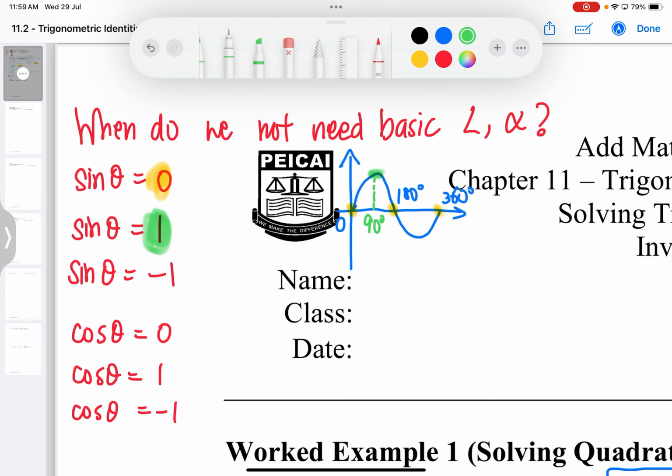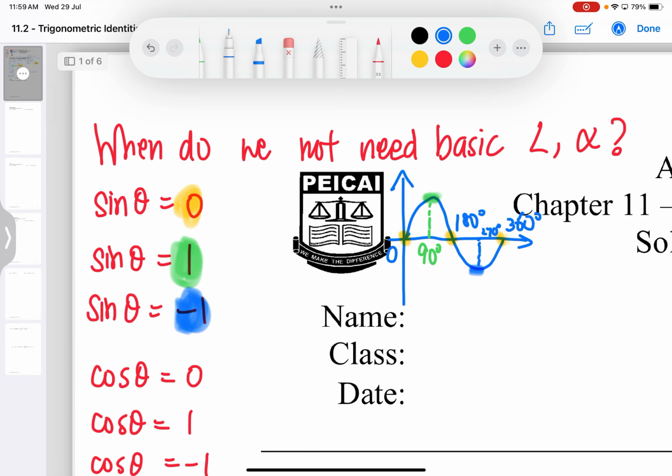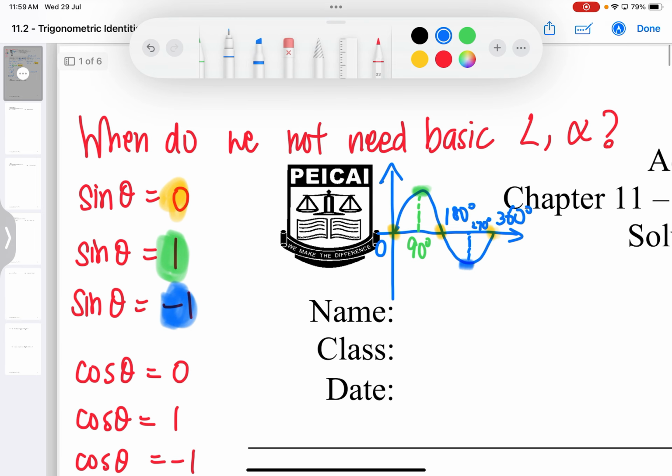And when it is negative 1, it is here, which means 270. That's why you don't need to find the basic angle, because all these you already know.